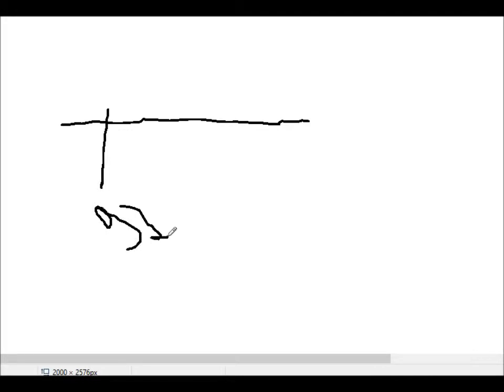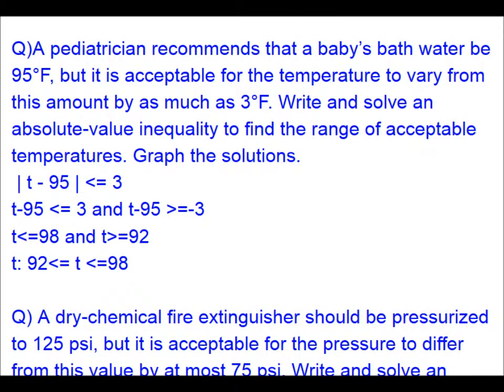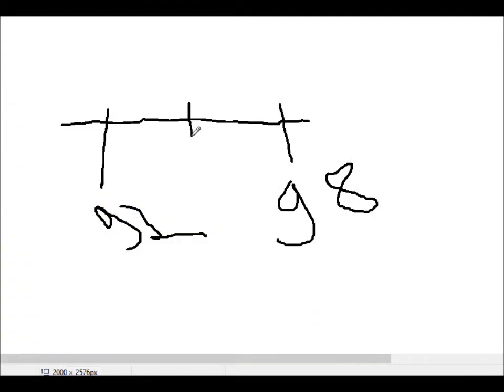If we want to plot on the number line, what we have to do is draw a number line, and this is 92 and this is 98. I hope it was 98. 92 and 98, and this was recommended by the pediatrician, 95.